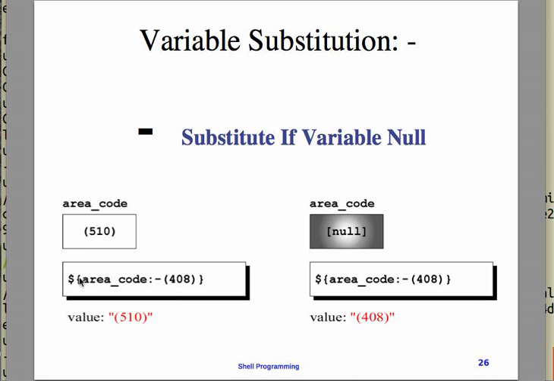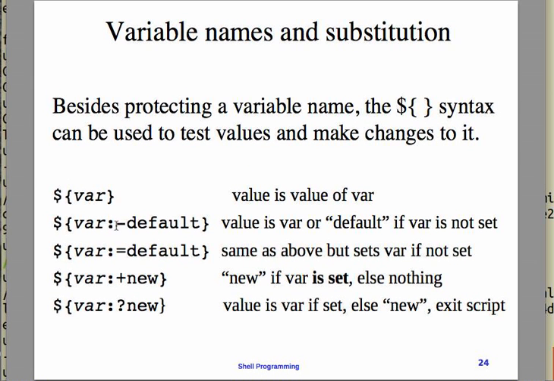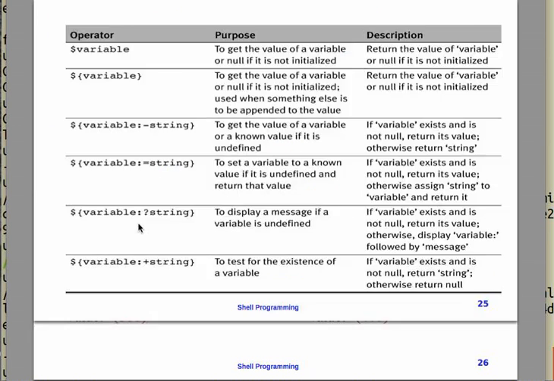If you use this variable $area code and then colon minus, since this has already been set, the value of this whole thing in this box is the same as the old value. So the value of this whole thing is the first value, but if it's not set, then it will have the second value. So that's illustrated here.